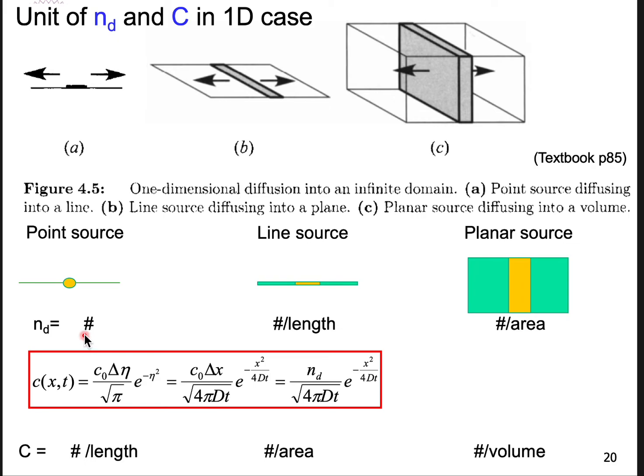And after the process, you take the ND in the unit here, so you can get C, the concentration, and the unit will vary based on different types of source.